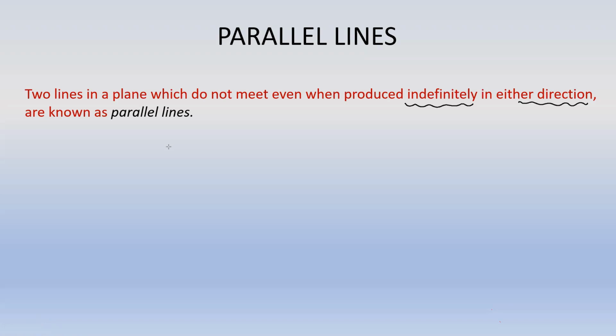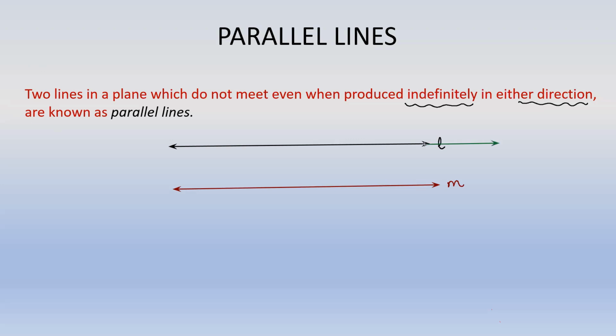For this, let us draw two parallel lines. Say this is the first parallel line, L, and let's draw another parallel line, M. Now, if we try to extend line L in both the directions and line M in both the directions, or in one of the directions also, they will never meet each other.